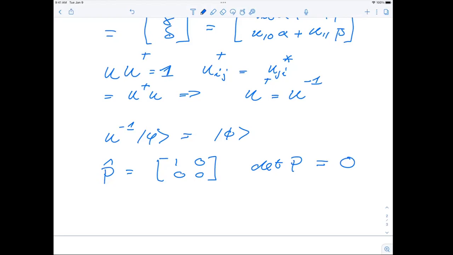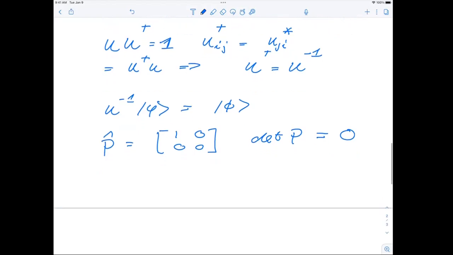It's a projection matrix, but this is not a unitary matrix, which you can see because the determinant is equal to 0. So we cannot define the inverse of that matrix. And the same applies to Q. So the matrix Q, which we looked at, 0, 0, 0, 1, also has a determinant which is equal to 0. So these are examples of matrices which are not unitary. So if we are acting on a specific state, we cannot introduce the principle of reversibility.